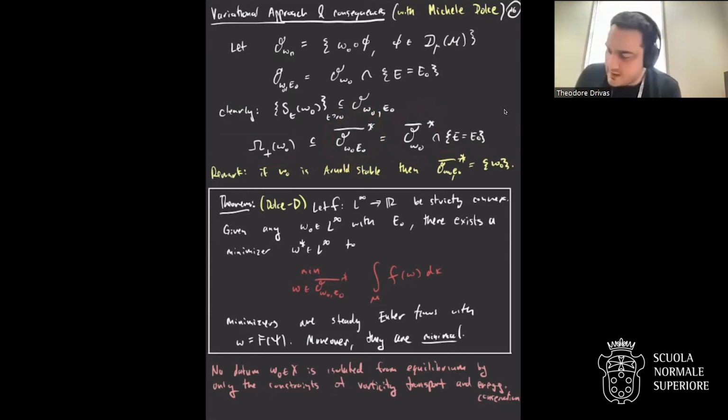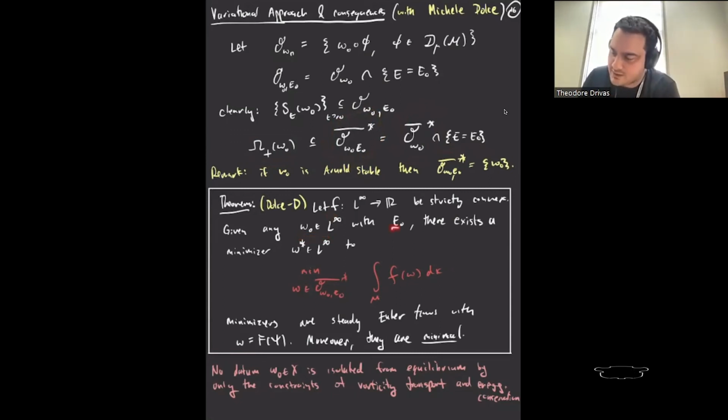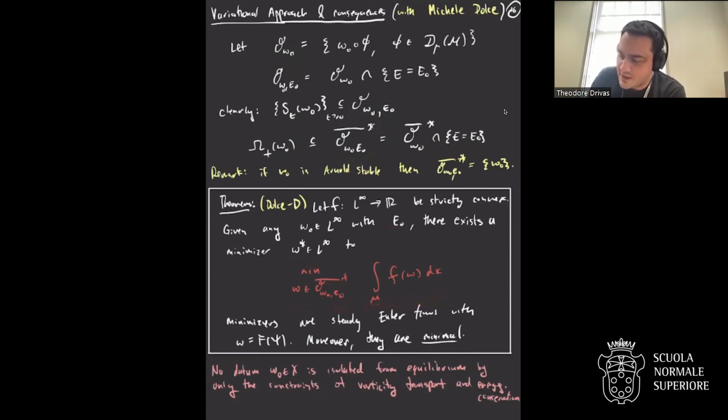And what we prove is that if you take any strictly convex function f and any initial vorticity which is bounded with some energy E0, then there exists at least one minimizer, which is also L infinity, of this problem. So you minimize over this proxy to the omega limit set of this measure of sort of mixing, some convex function of vorticity, like you could think of entropy as an example. There always exists a minimizer to this problem.